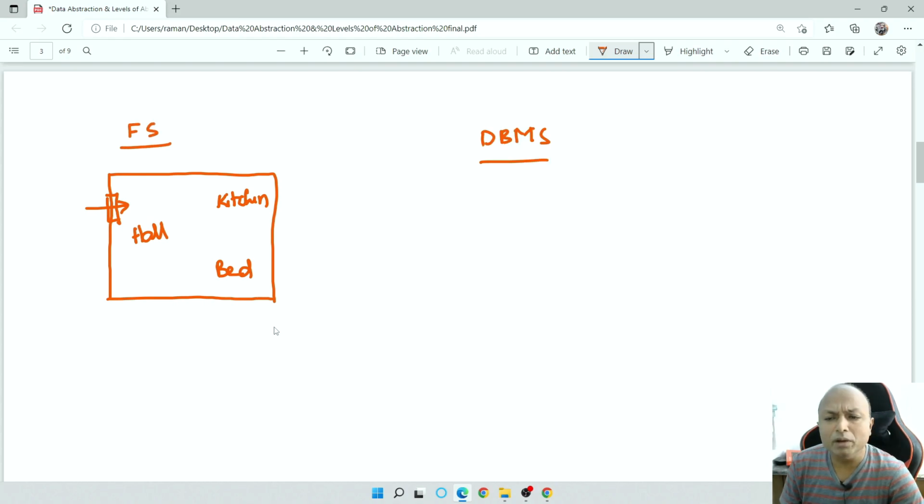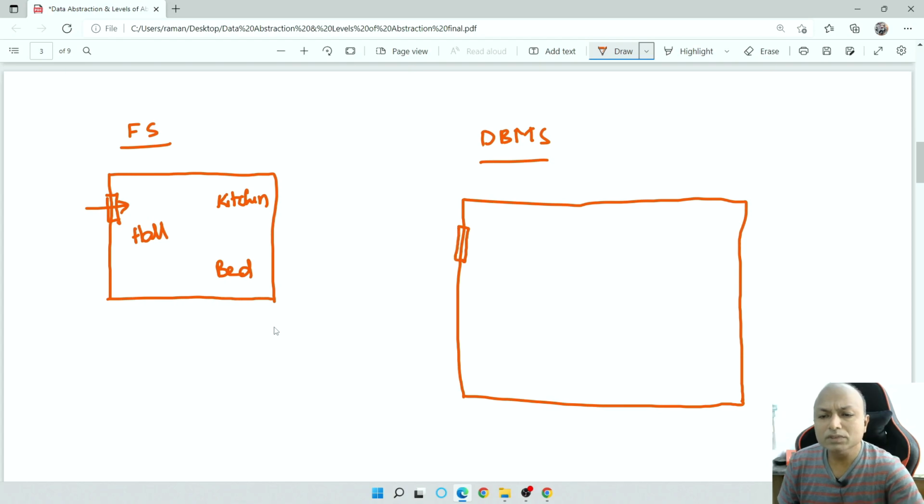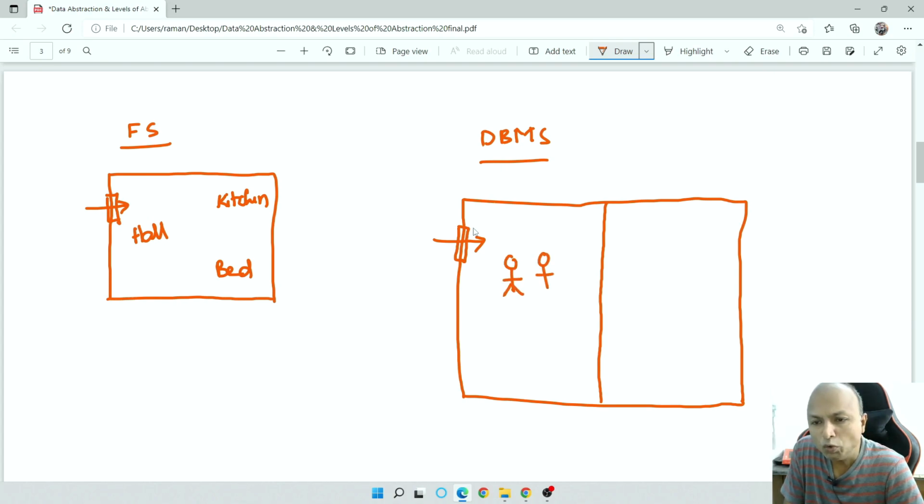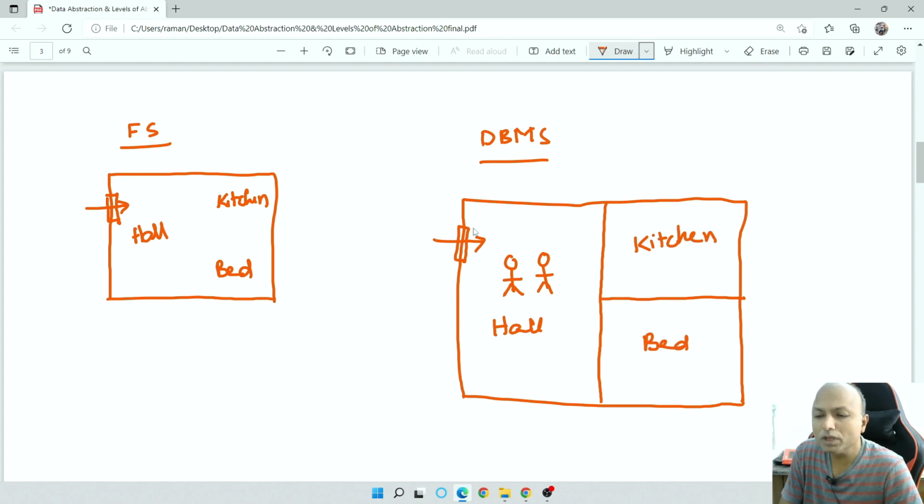We'll take another example. If you consider a somewhat bigger house, there is a partition for each individual activity. Am I right? So if anybody enters the house, they will be allowed to stay in the hall as the rooms are separated. For example, this is the kitchen, and this is a bedroom.